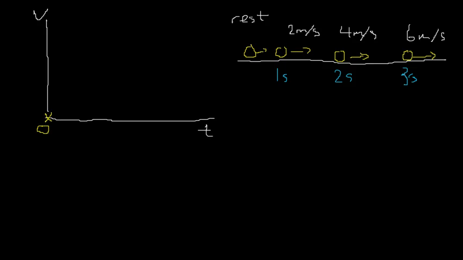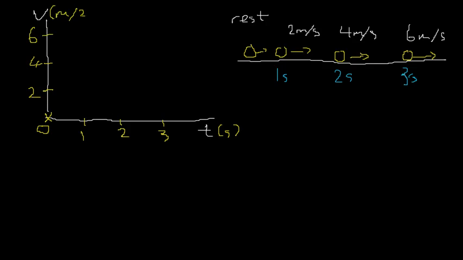Now let me make some marks here. 1 second, that's 2 seconds, that's 3 seconds, and the time is in seconds. I'll put some vertical scale: 2 meters per second, 4 meters per second, and 6 meters per second, in meters per second.